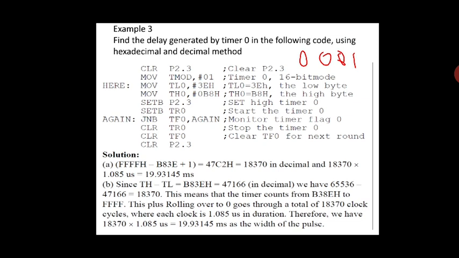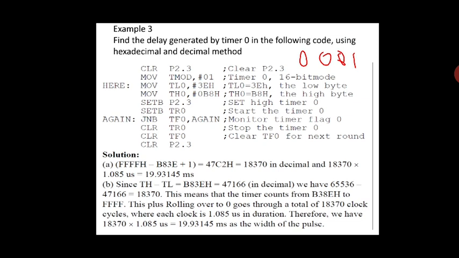Now the very important part is calculating the time delay interval of the timer. Look at that, TL0 is loaded with 3E and TH0 is loaded with B8. You can take any random value.